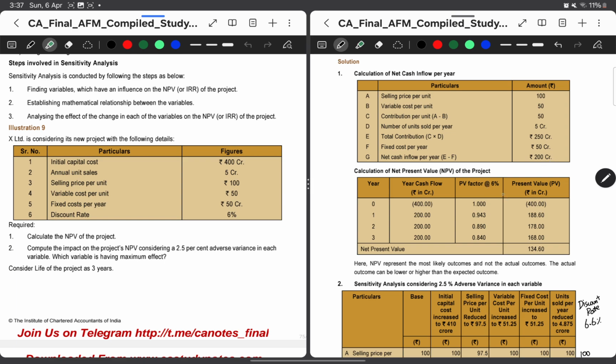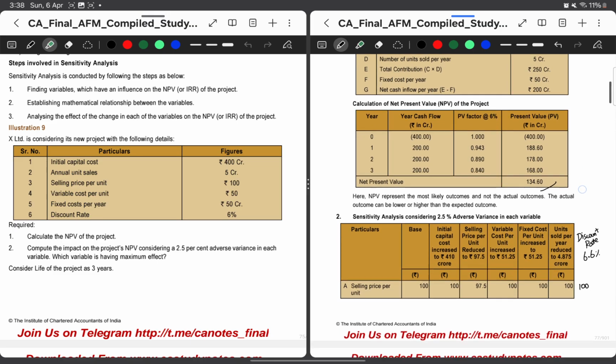Then they've given a discount rate of 6%. Discounting for 3 years, since the cash inflows are the same, we can go with the annuity factor also. So we got a net present value of 134.6, which is a positive NPV. On the face of it, we can accept the project.